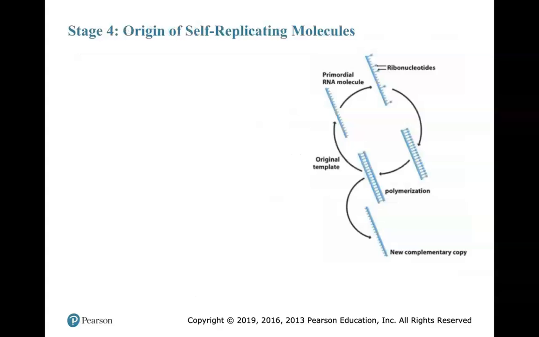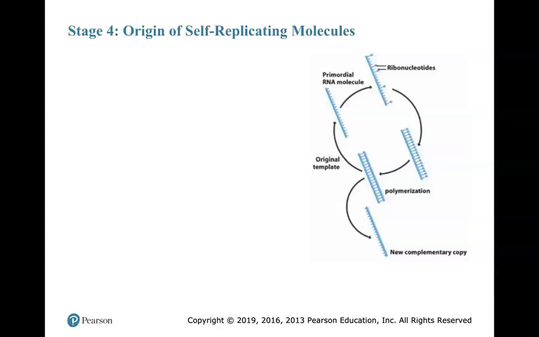Stage 4, last stage for the origin of life. Okay, we have this pre-cell to house these polymers that are going to perform life's functions. We've got everything going. But life leaves offspring, whether that's a clone of itself or sexual reproduction. And we're talking about an early life form here, so it's probably a clone of itself that it's making.